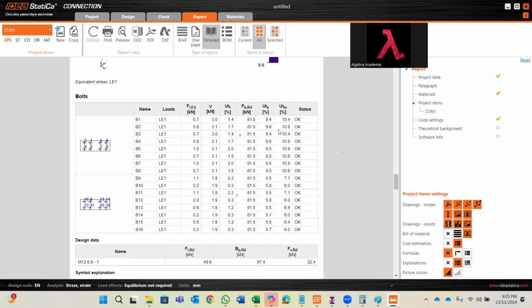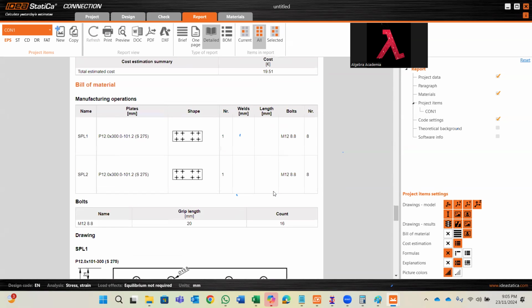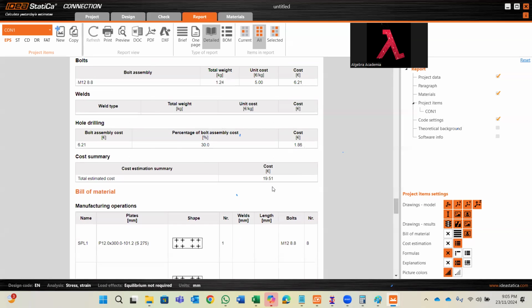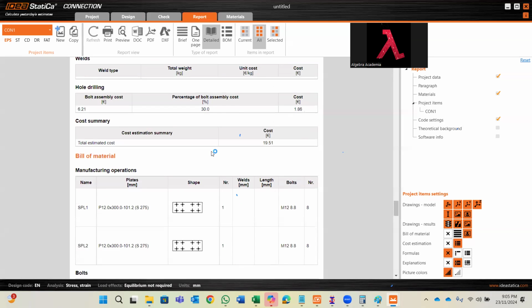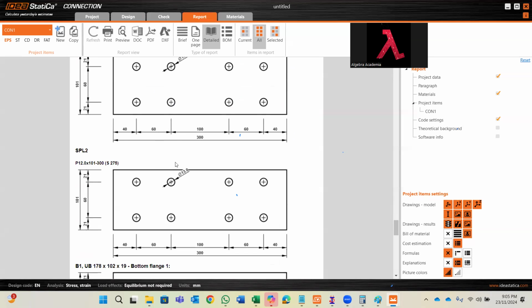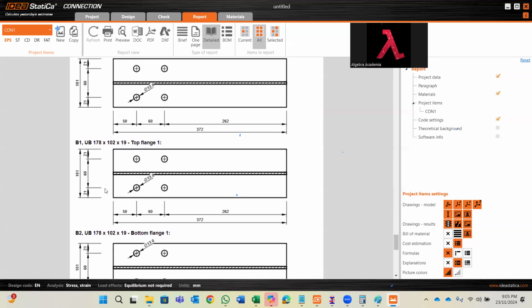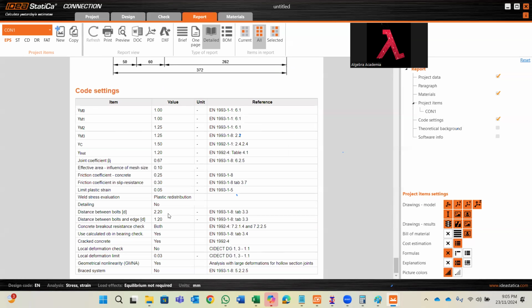And coming back to the bolts, these are the utilization factors for the bolt. This is the bolt diameters. And this is the sketch which shows the plate and the hole diameters and the edge distance and the plate dimension as well.